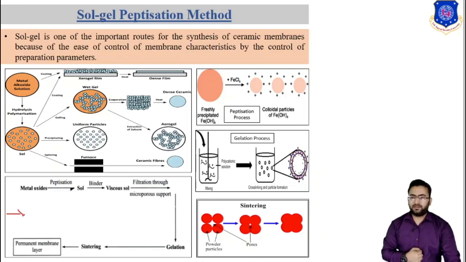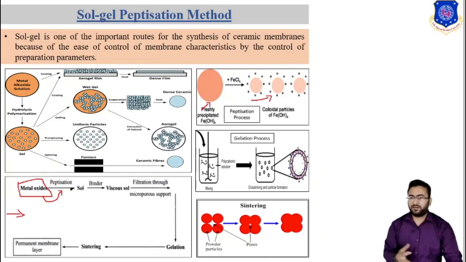Using this figure, we can clearly understand the sol-gel peptization method, in which metal oxides are first used for peptization. In the peptization method, these particles are converted into colloidal charged particles.